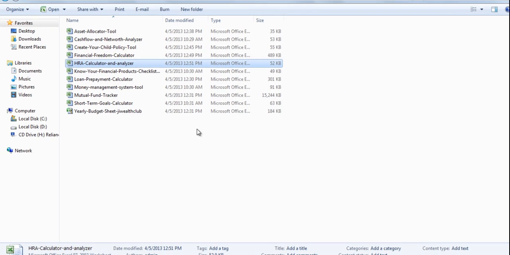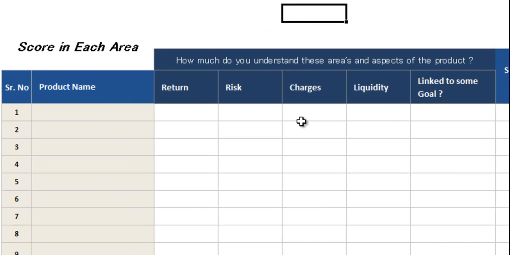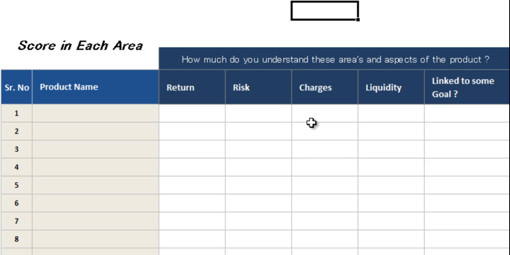Okay, let's move to the next one now, and that is know your financial products calculator, or more than a calculator, it is a tool. So I'll explain a bit about this. This is a very interesting concept, and I have also covered this in one of my books. So what it says is that we all have a lot of financial products in life.